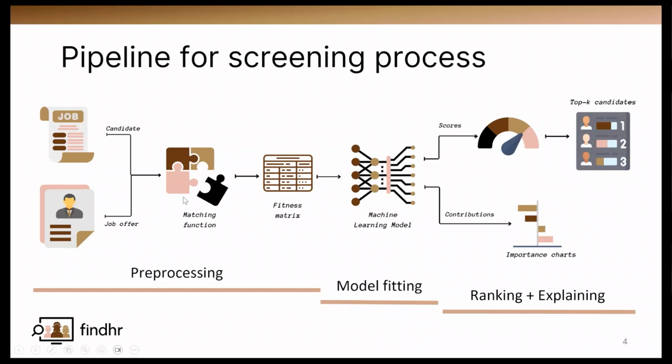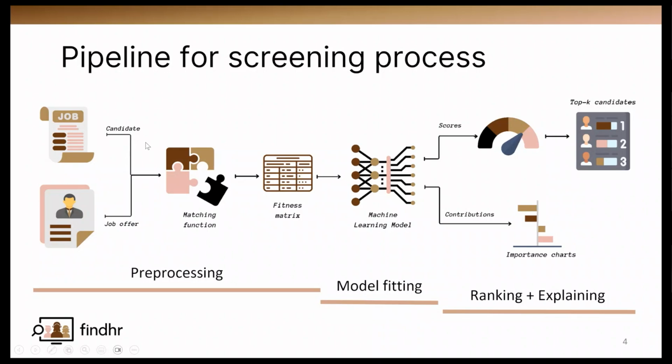So the first step is a pre-processing step, which for each candidate and job offer computes some matching function: how much each feature required by the job offer is satisfied by each candidate.